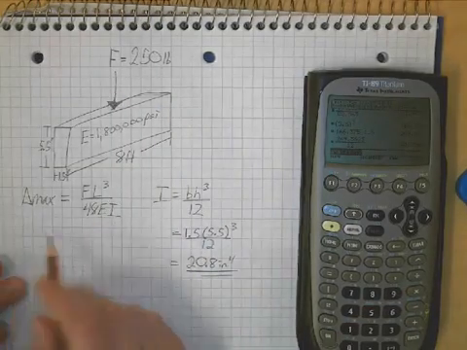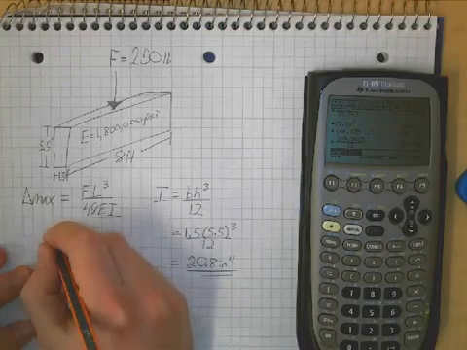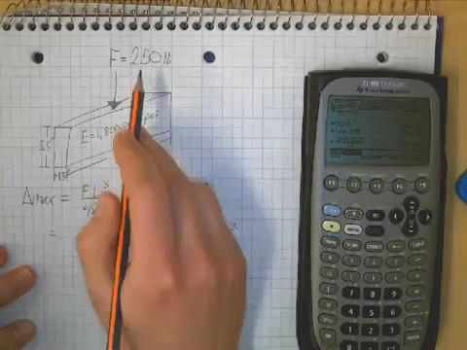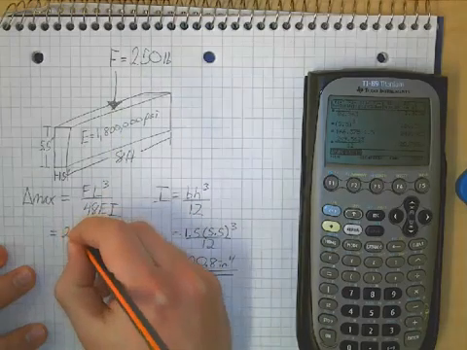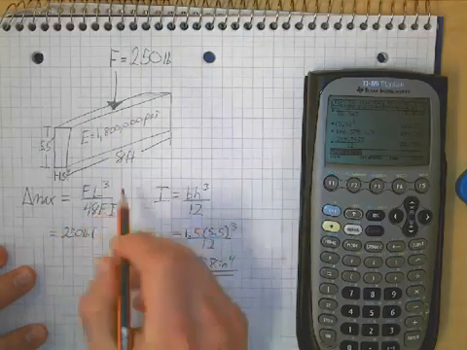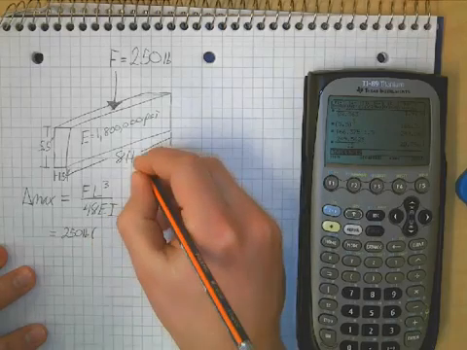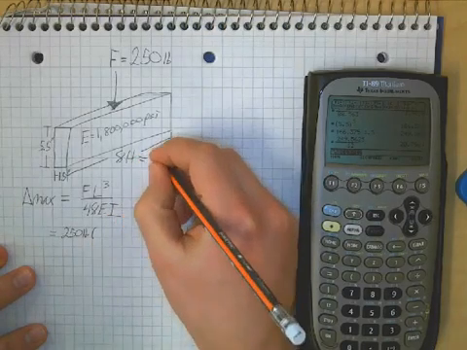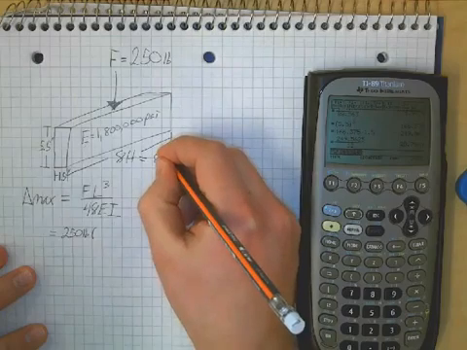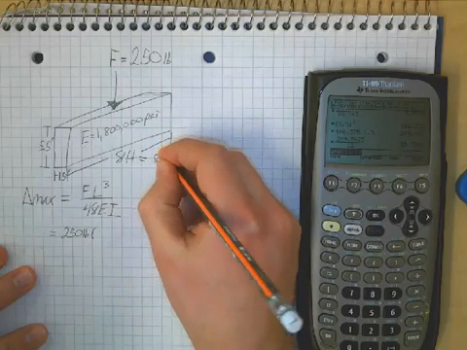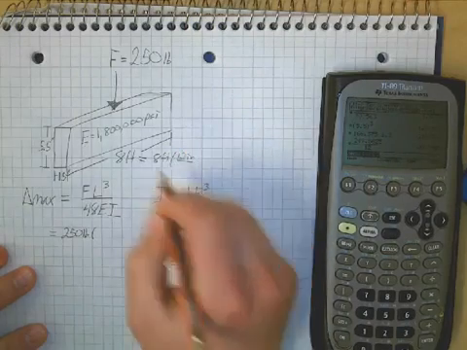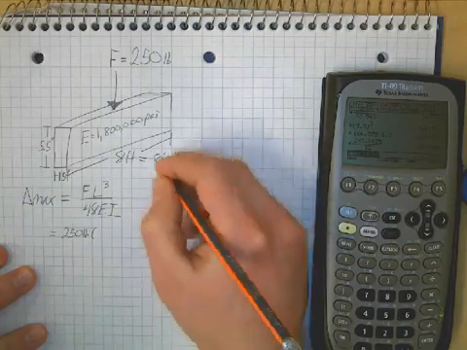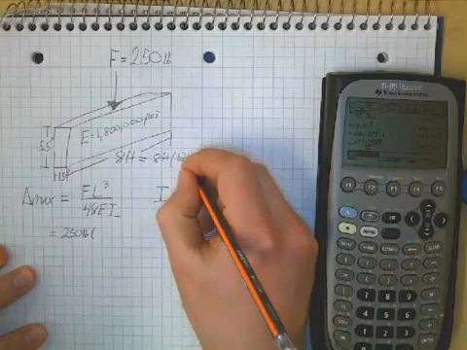So my delta max, again, I'll just plug in. I have 250 pounds being applied for my force, so 250 times my length cubed, and now 8 feet. I have to take 8 feet times 12 inches per foot, because everything else is in inches, or psi, so I need to make sure that my feet are also in inches.